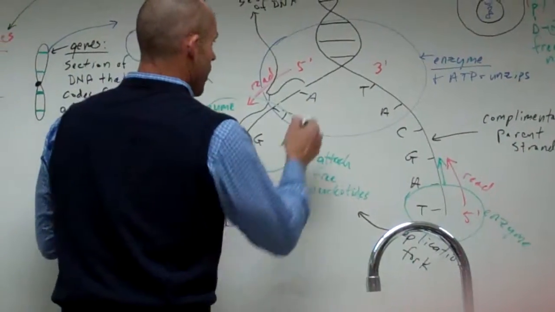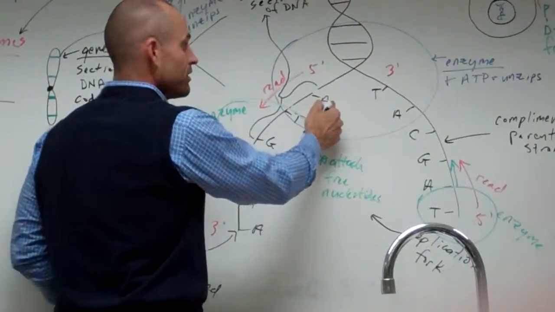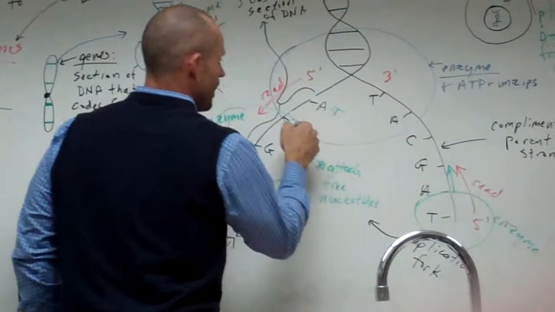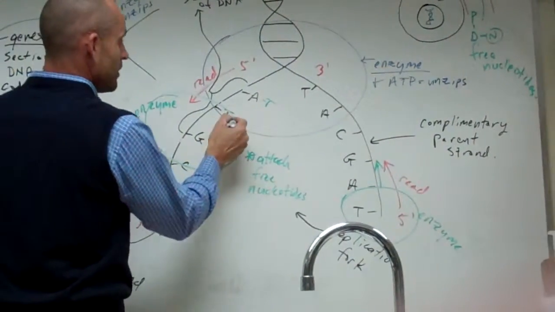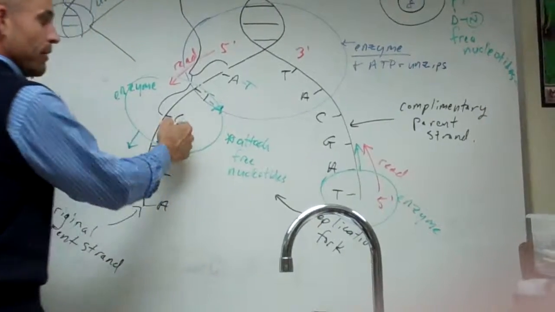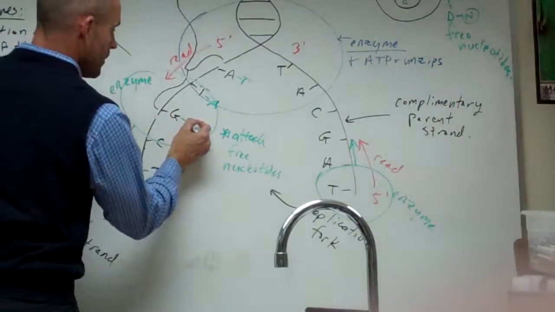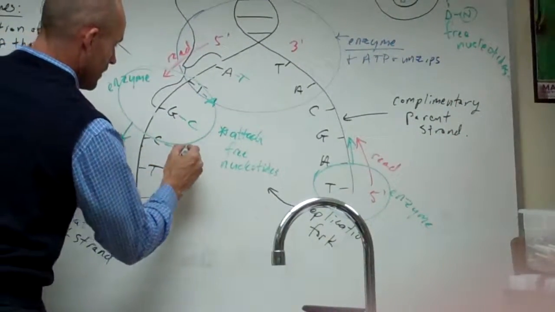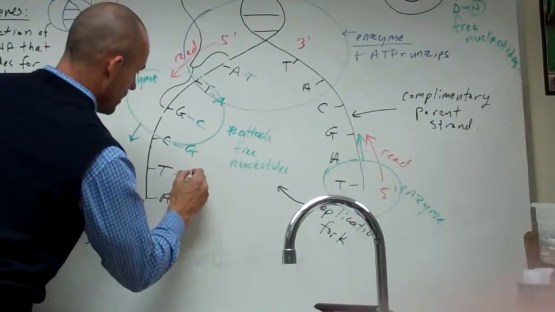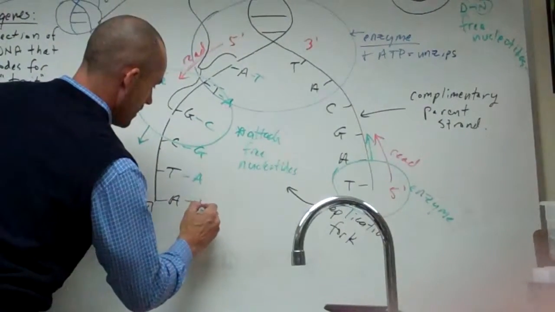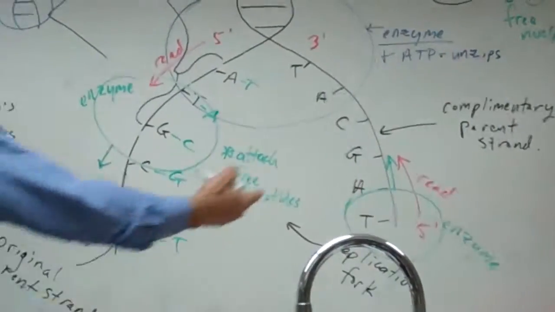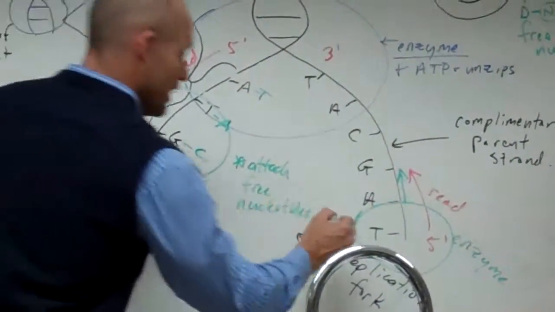But as it read this first one, it read, oh, I have an A. So what am I going to attach? You're going to put a T right there. I read a T. What am I going to attach? I read a G. What do I got? C. Next. G. Next. And lastly, T. This guy's doing the same thing on the other side. He's reading along.